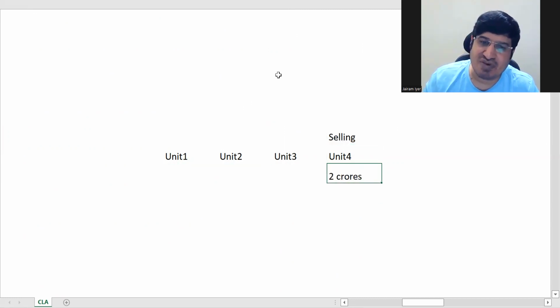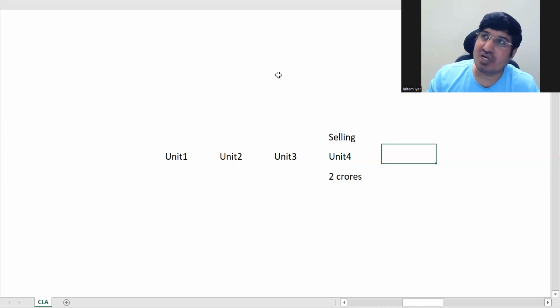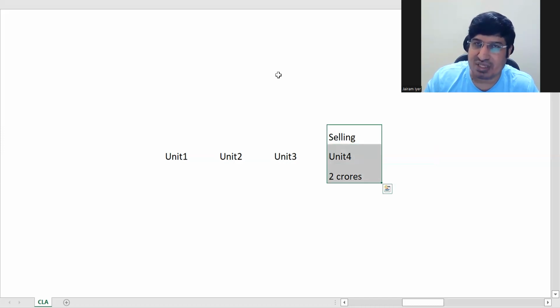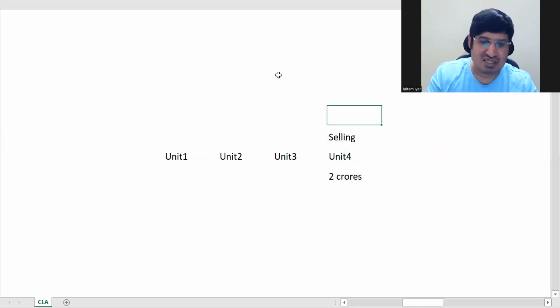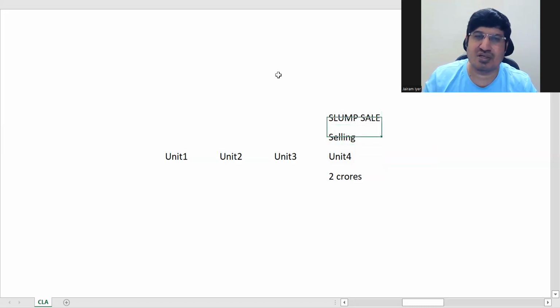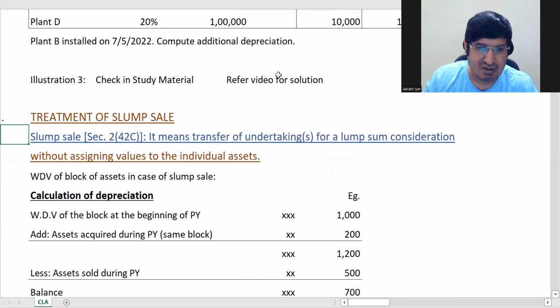So this is a lump sum value, right? I'm not assigning value to each and every asset and then deducting liability and then selling. I'm not doing like that. I'm selling for a lump sum value. This is called as slump sale.